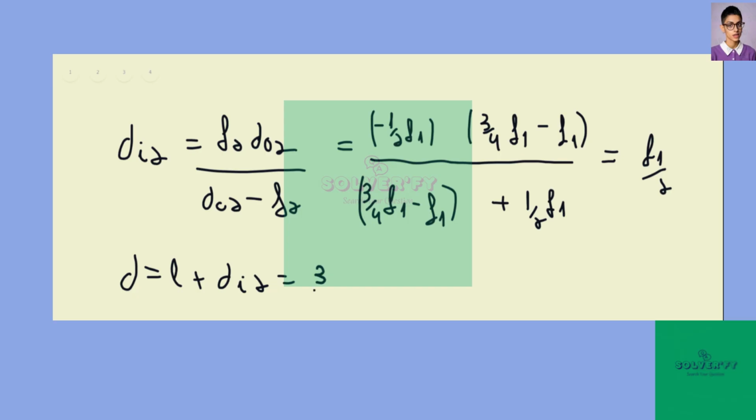This is 3/4 of f1 plus 1/2 of f1. This gives us 5/4 of f1, as expected.